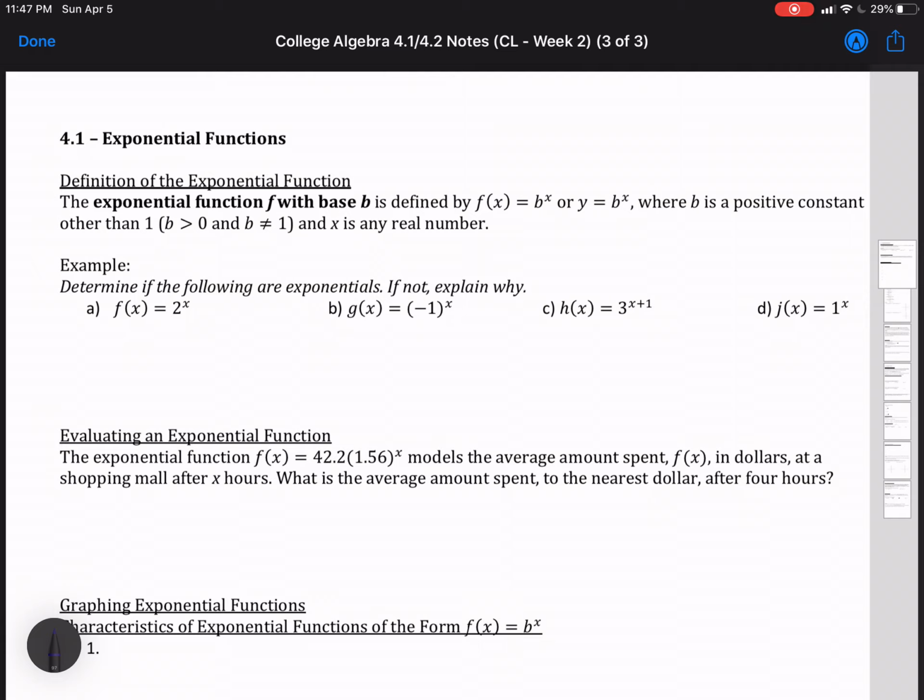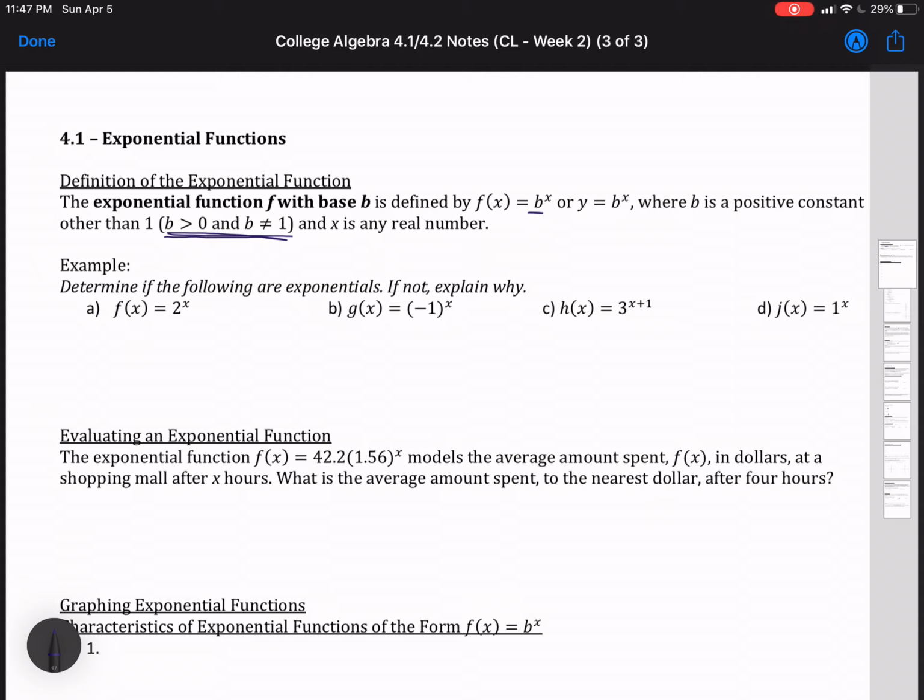Okay, so the key thing is we're looking at this b value. We want to make sure that it is positive, it cannot equal 0, and it cannot equal 1. Okay, so determine if the following are exponentials. If not, explain why. Looking at A, f of x equals 2 to the x power.